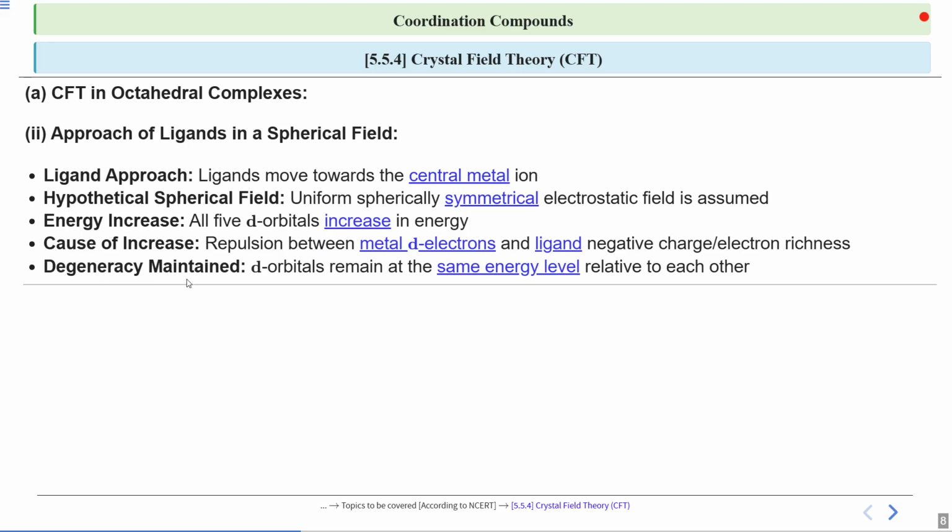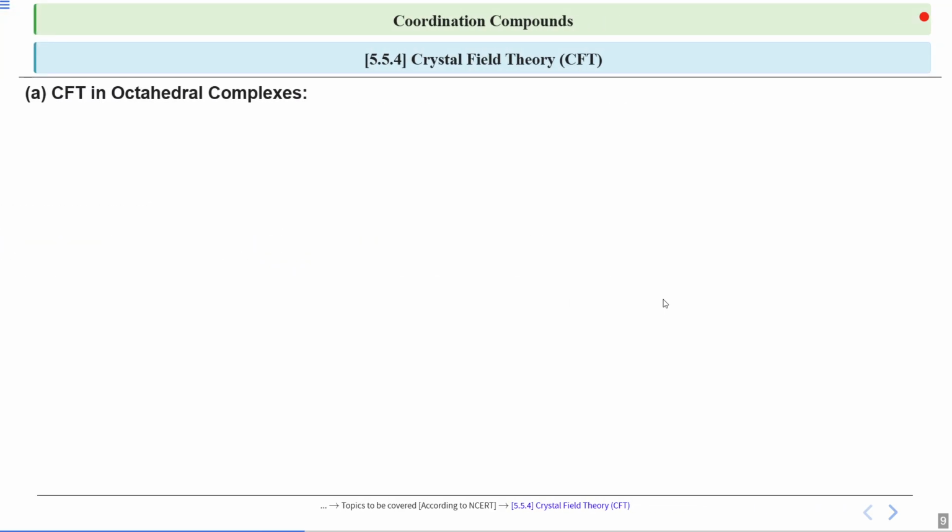And degeneracy is maintained by the complex, so the d orbitals remain at the same energy level relative to each other. Degeneracy, which refers to the equal energy levels of the 5d orbitals, is maintained.